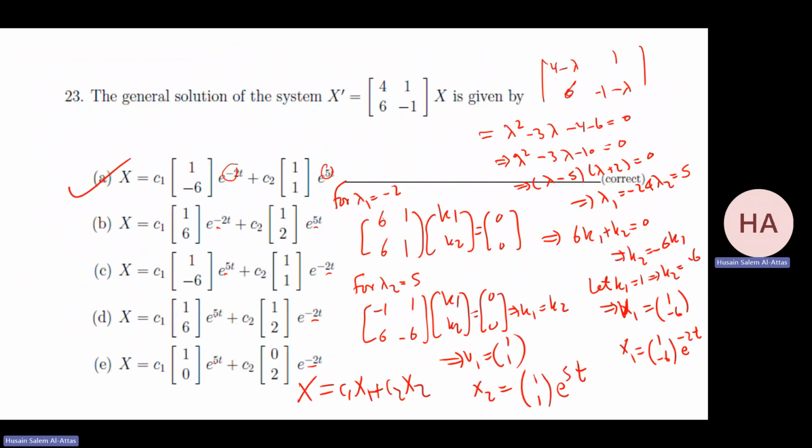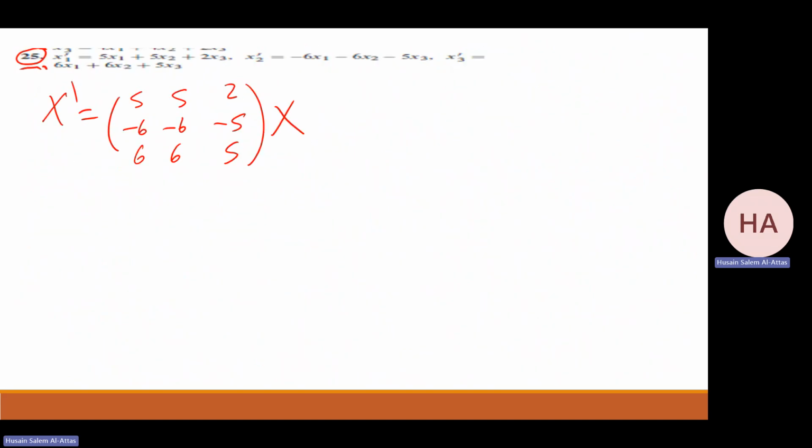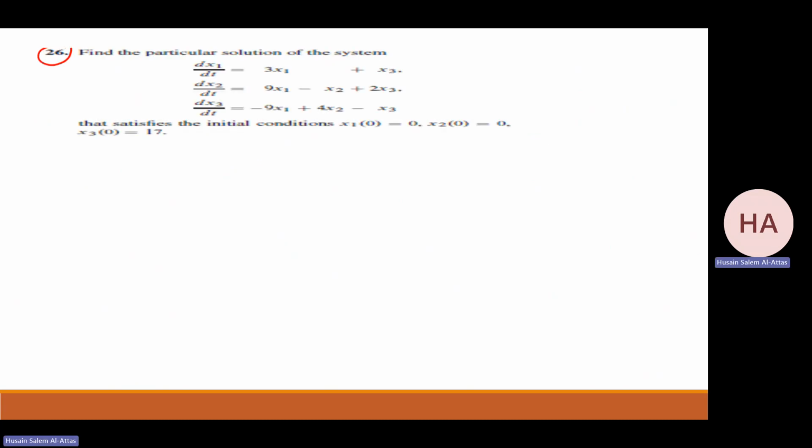I have now the last one, which I think will not be difficult, but more complicated than before. I have x prime equals the matrix 3, 0, 1, 9, minus 1, 2, minus 9, 4, minus 1 times x.